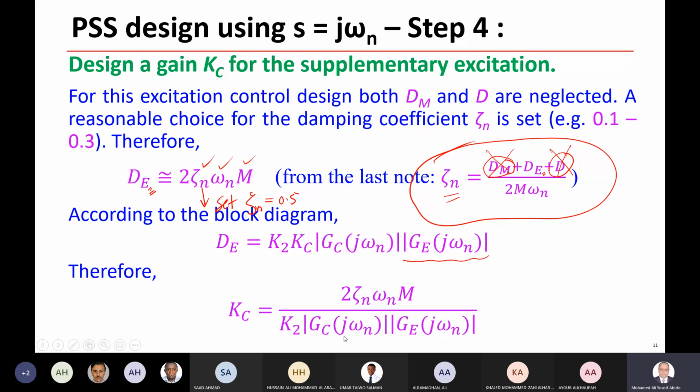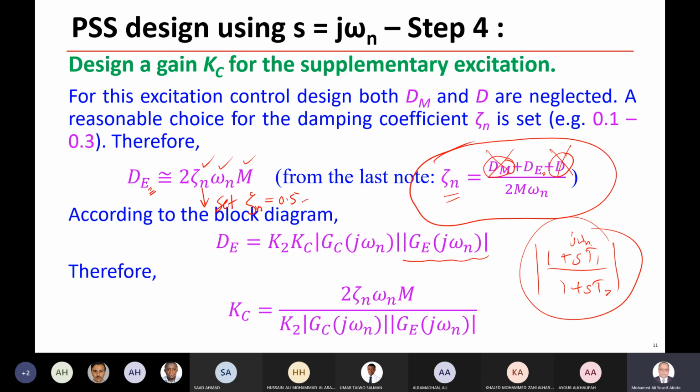You have here 1 plus ST1 and 1 plus ST2, with s equal to j omega n. Of course, you can get the magnitude of this complex number as we have the angle already calculated before. So you can calculate the gain of the power system stabilizer.